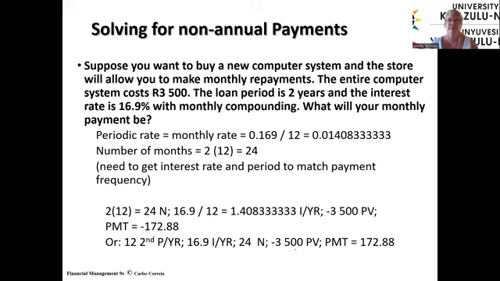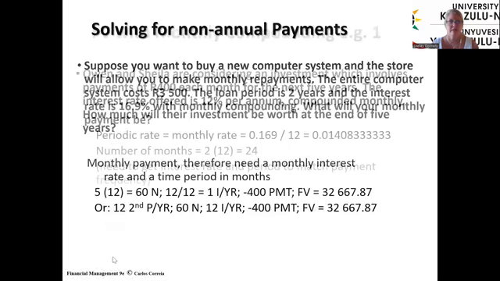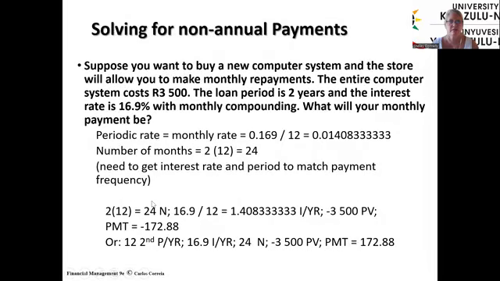Okay, let's move on to payments when they're not annual. So this would kick in with your annuities, etc. Suppose you want to buy a new computer system and the store will allow you to make monthly repayments. That's the first thing you should underline: the fact that they're monthly repayments.